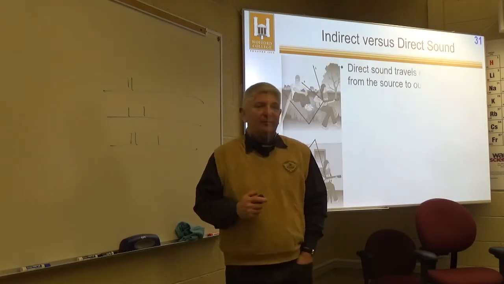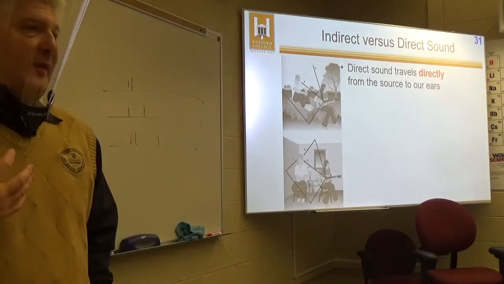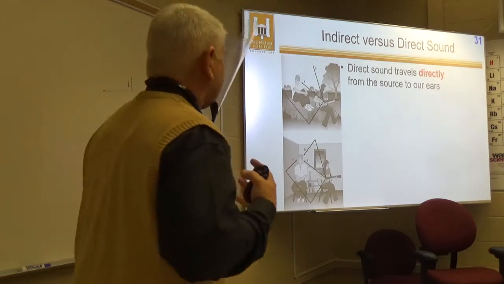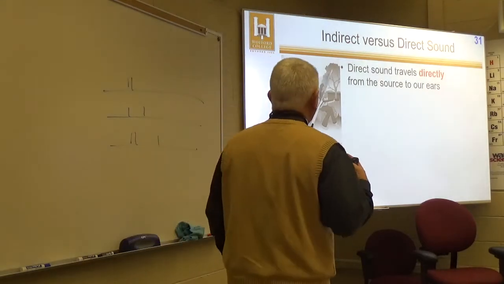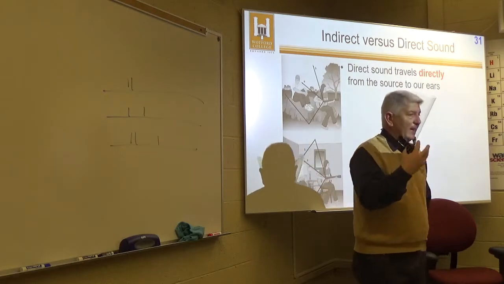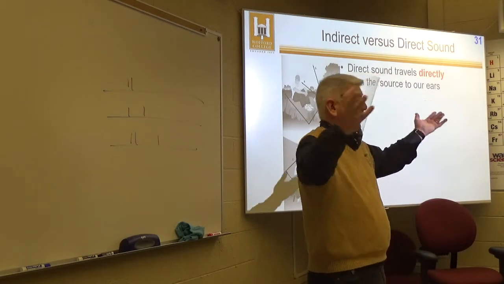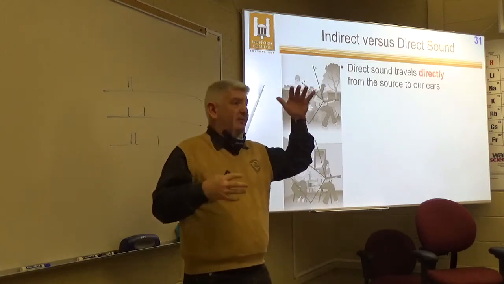All right, so talking about indirect versus direct sound auditory cues. Sound can travel directly to our ears, but it's also bouncing off of these walls, off of the ceiling.